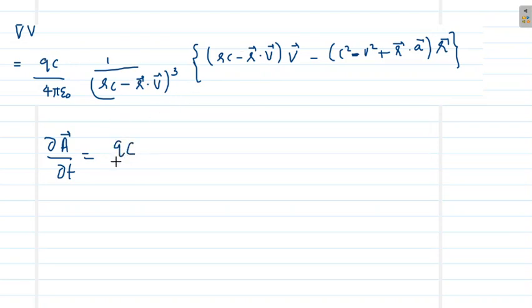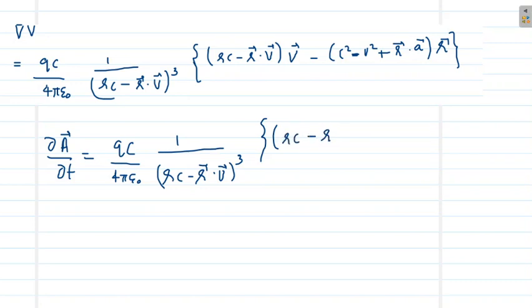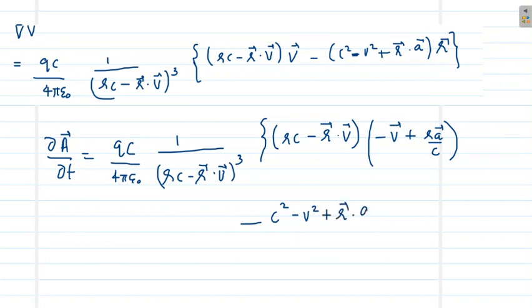So it is given by qc by 4 pi epsilon 0 into 1 by rc minus r bar dot v bar the whole cube into rc minus r bar dot v bar into minus v bar plus r a bar by c minus c square minus v square plus r bar dot a bar into minus v bar into r by c.